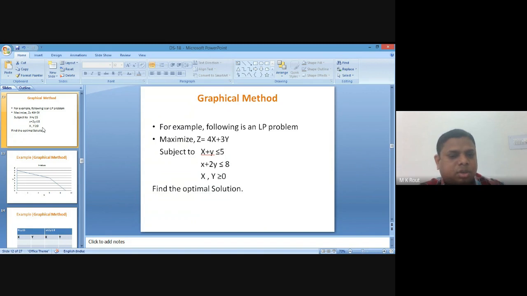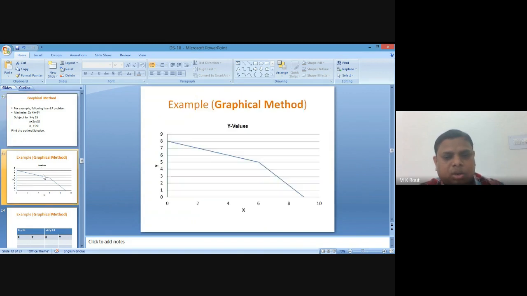Find the optimal solution. So here I draw the x-axis and y-axis. Clear? If you think about the x-axis, suppose x is 0. What is the value of y?